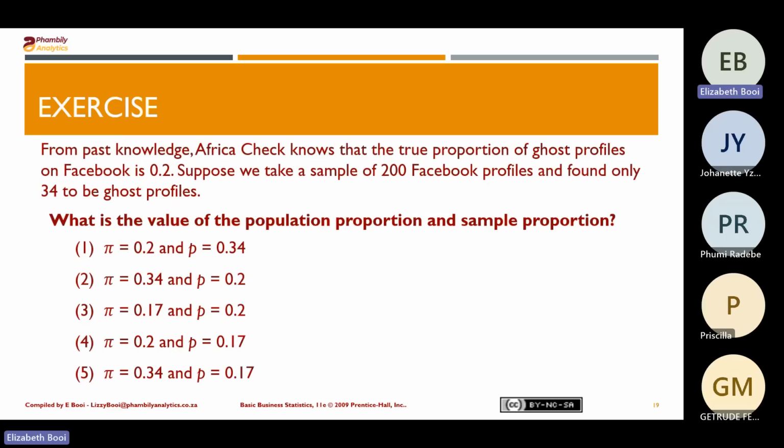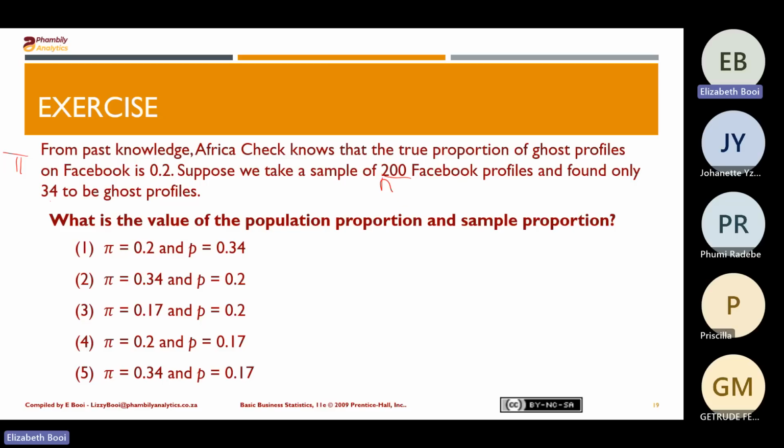Let's look at the next example or an exercise. From past knowledge, Africa knows that the true proportion of ghost profiles on Facebook is 0.2. So they told us our population proportion. Suppose we take a sample size of 200 Facebook profiles and only found 34 to be ghost profiles.